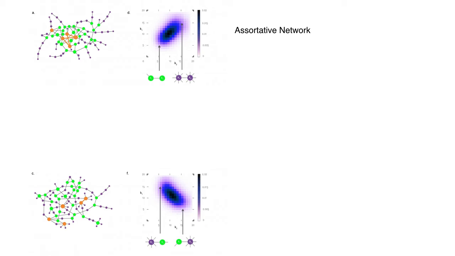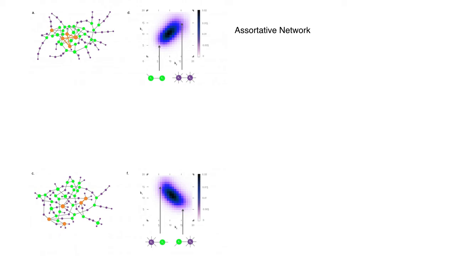All right, the next example would be a network that has a negative slope when we're looking at the degree interaction matrix. Interestingly, if we just looked at the degree distribution of these two networks, we would find they were identical. Exact same degree distribution, but how the nodes tend to link to each other based on their structures is exactly the opposite.